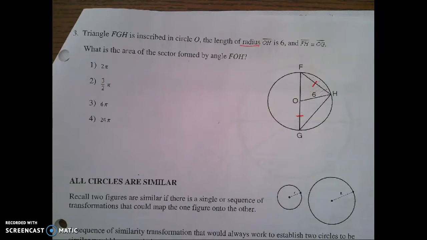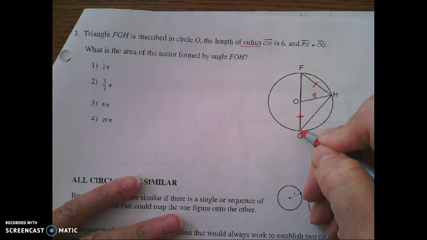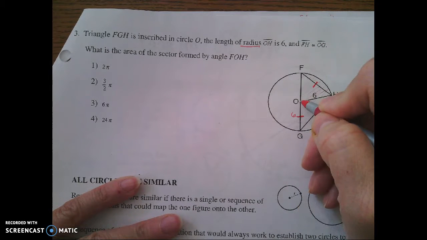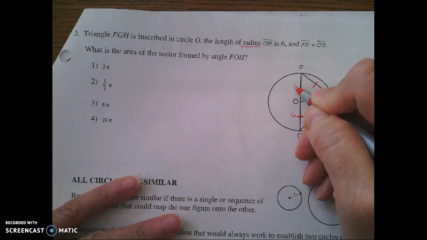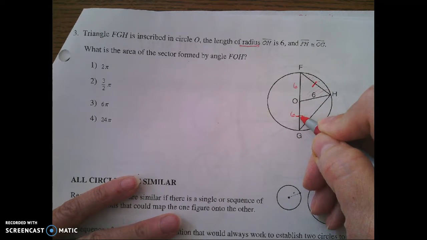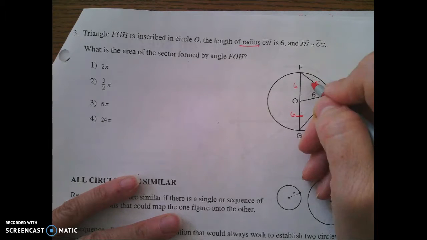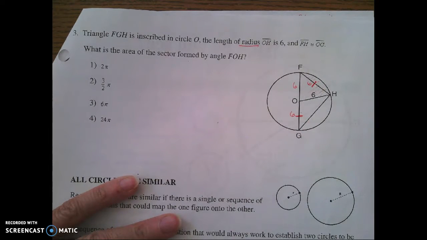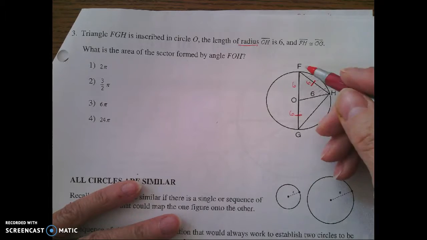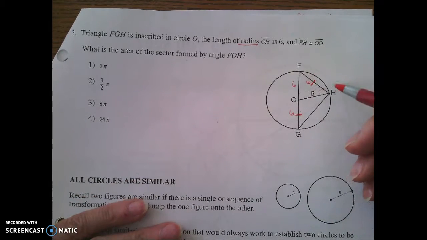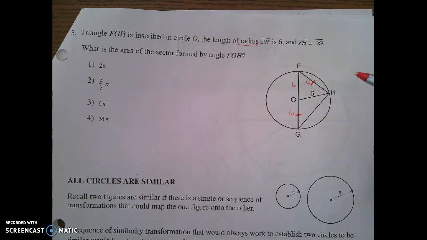Are there more radii in this picture? Radii are something you need to look for. There's 2 more. There's a radius here, so that is also 6. There's a radius here, that is also 6. And since line segment OG is congruent to line segment FH, that is also 6. Does that help me find the measure of an arc? I don't know. Stare at this some more.